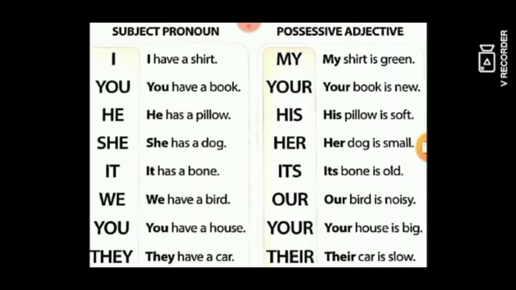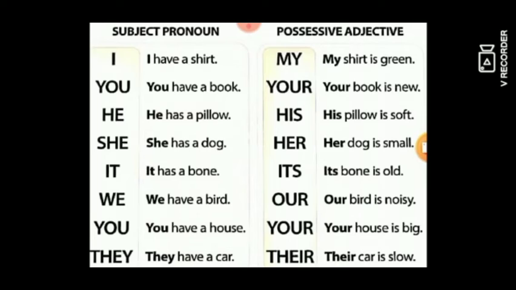Next, till now we have seen all singular subject pronouns with singular possessive adjectives. Next we are going to see all plural subject pronouns with plural possessive adjectives. For we, we have a bird. Our bird is noisy. You cannot say we bird is noisy.